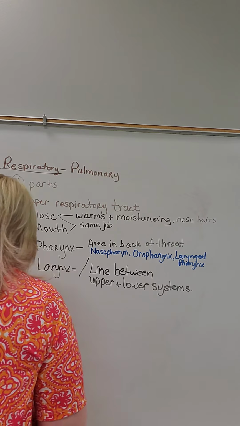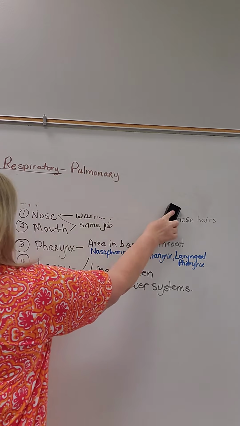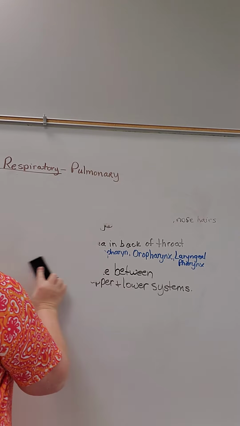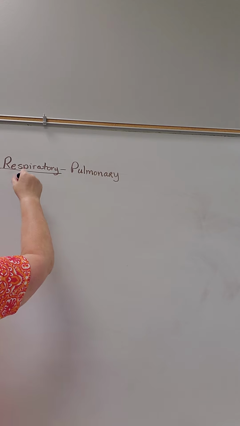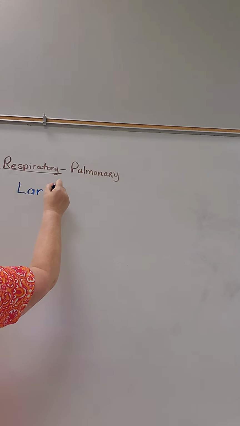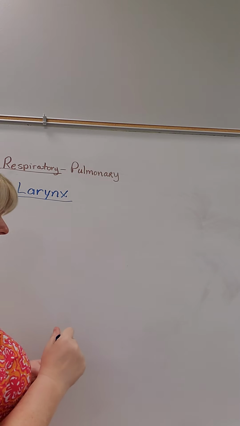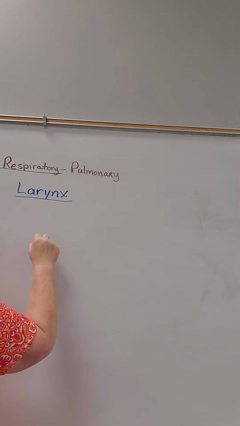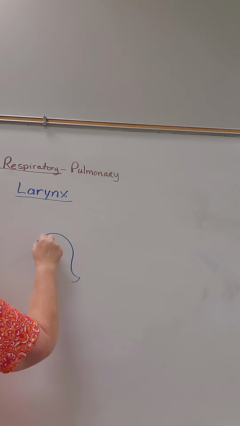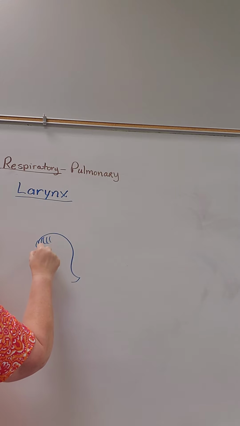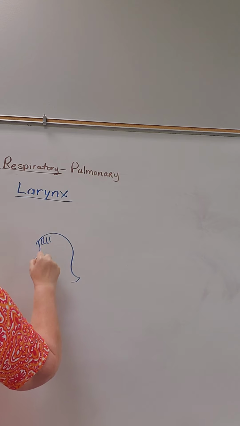Okay, so now we're going to get into the larynx, which we said is the dividing line. The larynx is pretty important. So if we were to take a side view of a person, wish I could draw a face.